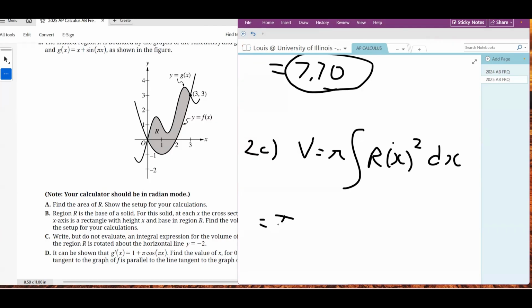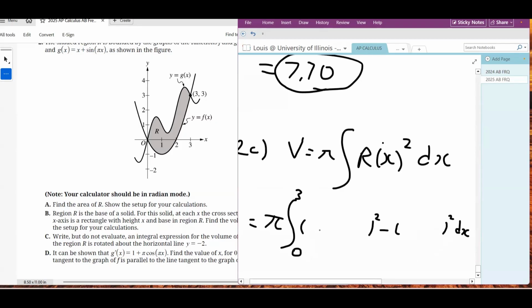So we know that obviously we need to put the pi in front, and we're rotating from 0 to 3. And obviously it's going to be taking the difference of the two. But what goes inside here? Is it just going to be g of x and f of x, or do I need to add or subtract something? Well, since we're revolving around y equals -2, we're going to have to add the 2 here.